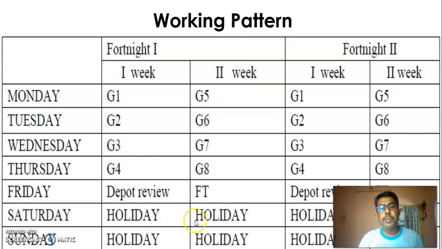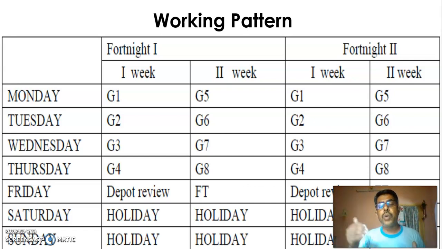Then the department review. On Friday morning they have a department review, and in the second week we have the fortnightly training. Based on that, they have a deliberation on what observations they have made, and they give feedback. After the 8 villages are completed, they have the fortnightly training. Fortnight means every 15th day they have a training.